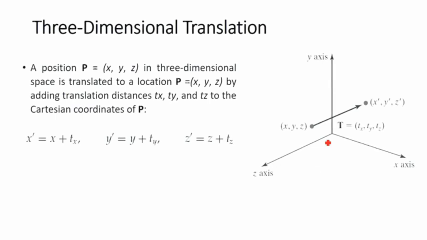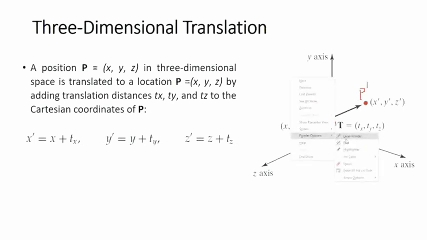If we have a point here called xyz, the problem would be to move this point along the x-axis by some tx amount, along the y-axis by some ty amount, and along the z-axis by some tz amount. When we add these offsets to the original coordinate position, we get a new translated point, which we would usually call p dash, and this would be our p.